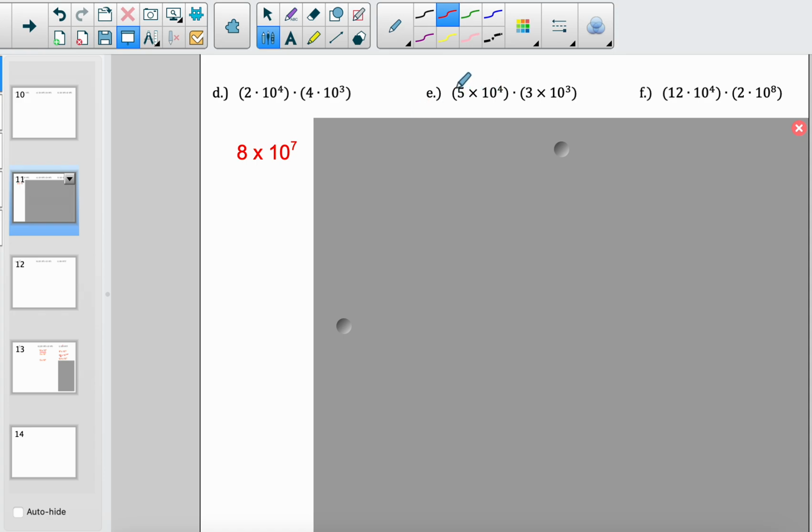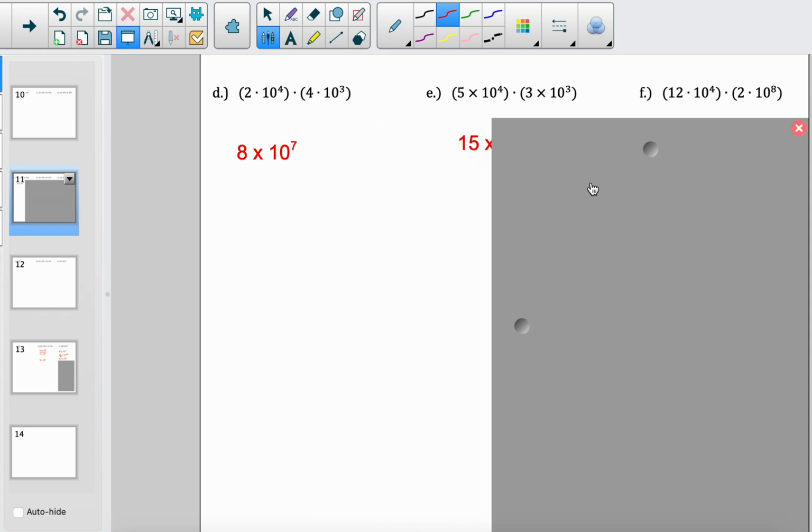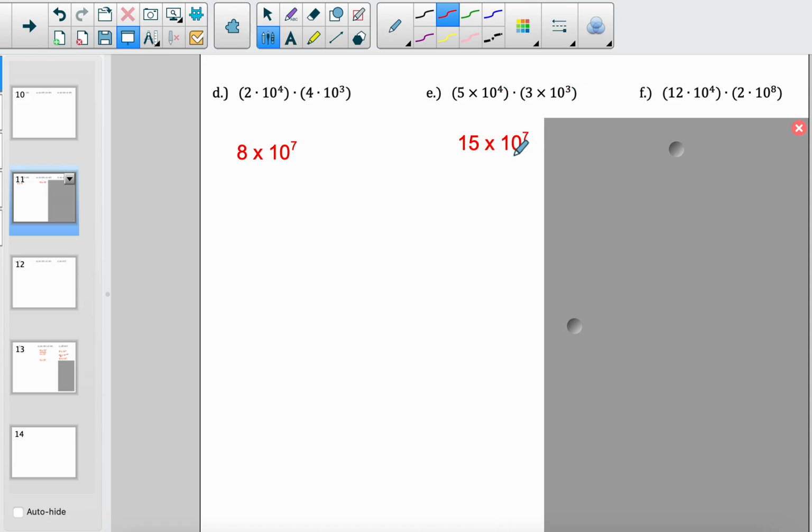On E, 5 times 3 is 15. 10 to the 4th and 10 to the 3rd would get added together and have an answer there of 10 to the 7th. Seeing here that 15 is not in between 1 and 10, we would need to move our decimal place over one spot there.